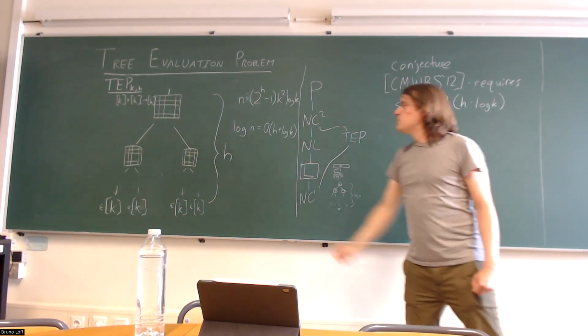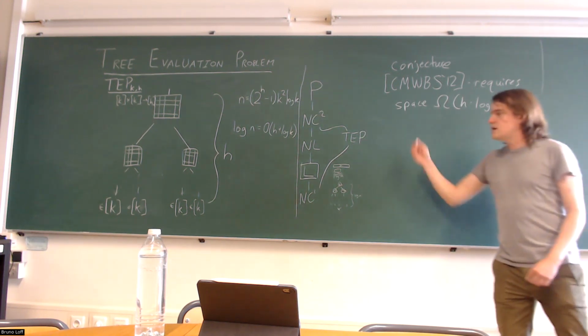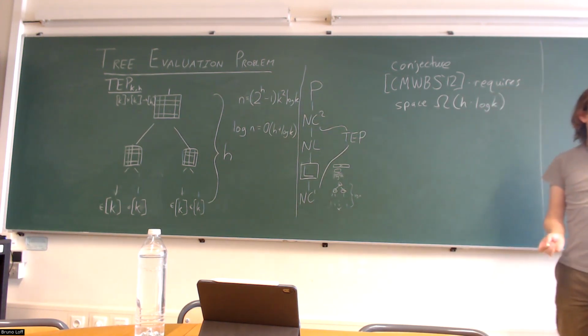So remember, h plus log k is our log space algorithm. They conjecture that it takes h times log k space. In other words, they introduced this problem as a candidate for separating polynomial time from logarithmic space.